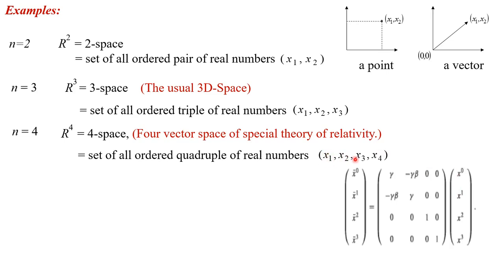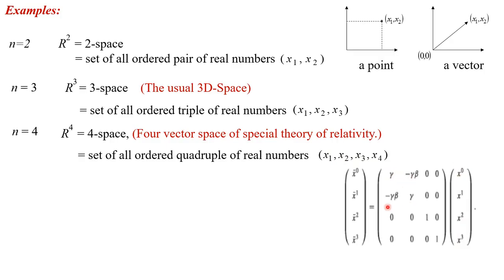Our notation is x1, x2, x3, and x4. But in special relativity, they start with x0, and this x0 is usually given by ct, where c is the speed of light and t is time. So this is ct, and x1, x2, and x3 are the usual space coordinates. So this column vector is called a 4 vector.